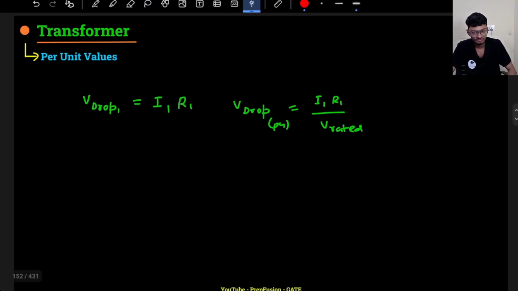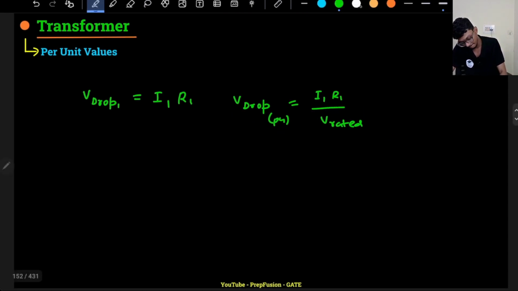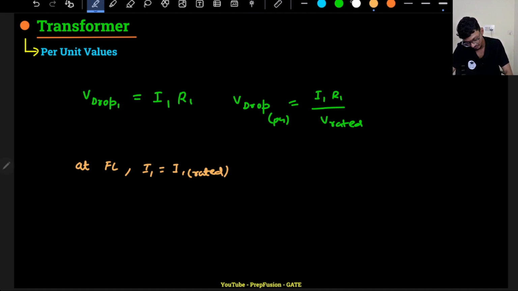Okay. So if it is full load, right? So at full load, my I1 will be equals to I1 rated. Right. So my per unit value of V drop actually becomes I1 rated upon V rated.